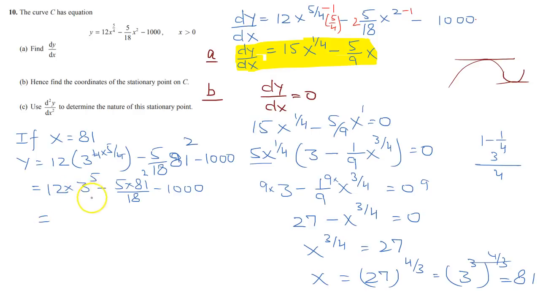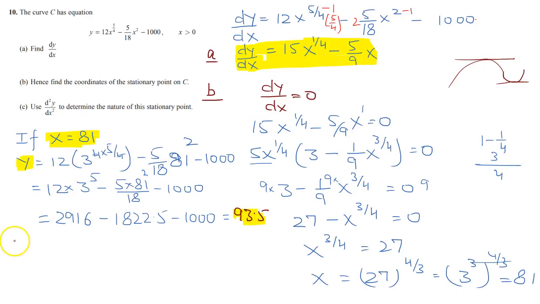This is 12 into 243, that is 2916, minus 1822.5, minus 1000. So this is 93.5. So the coordinates are x is 81 and y is 93.5.